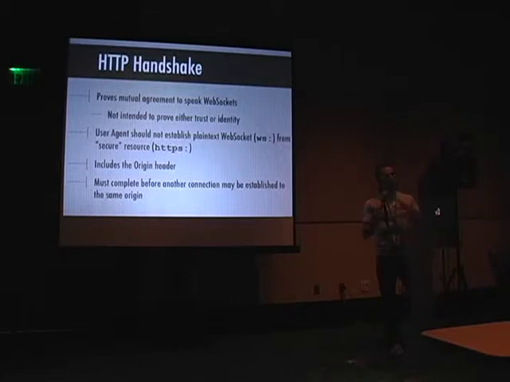So basically, if you have a website that has a secure web page delivered to a client, from that resource you cannot establish an unsecure connection. That's good because you can't really mix, intentionally or unintentionally, secure and unsecure content. Also, it has an origin header, and using that, a few of the CSRF attacks could be mitigated.